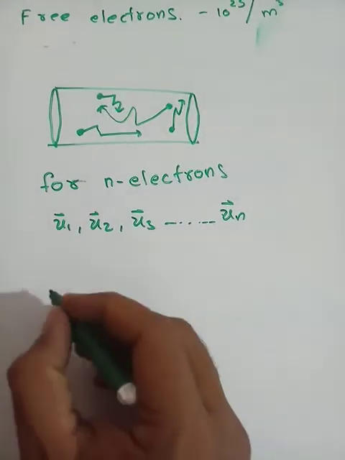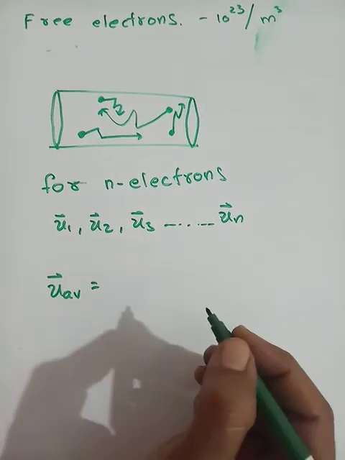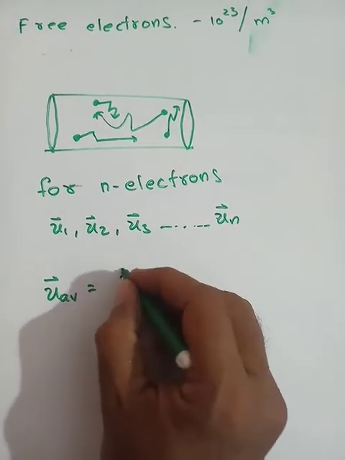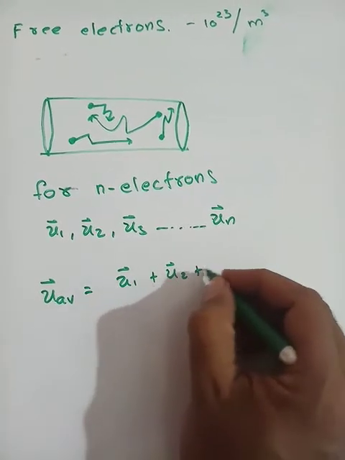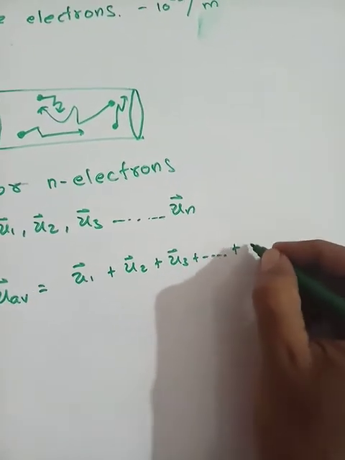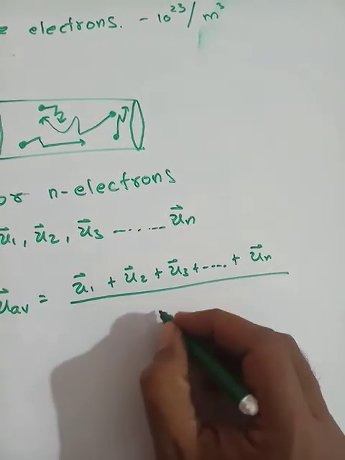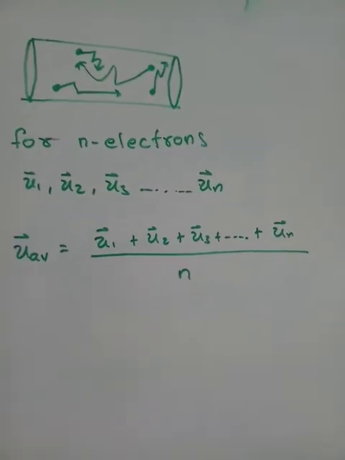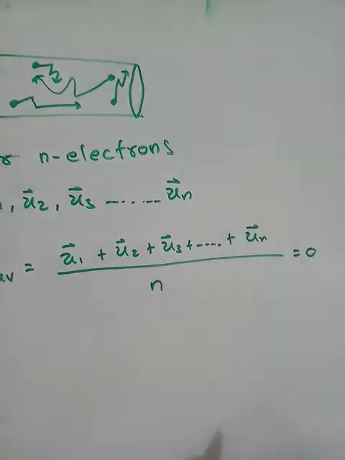And when I take the average velocity, not speed, average velocity, what will I have to do? I will have to add them, u1 plus u2 plus u3 and all the additions up to un, and then divide it by the total number of electrons, that is n. Now this average velocity will be equal to 0.